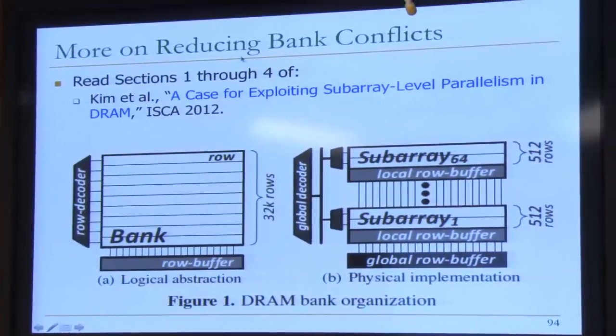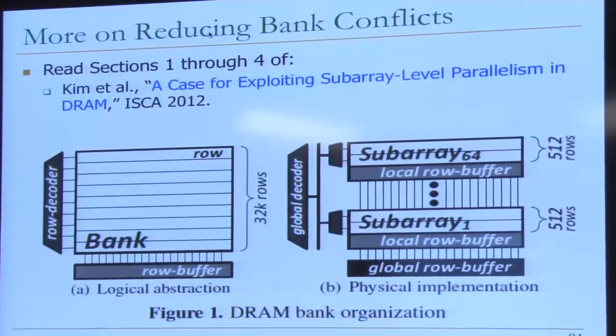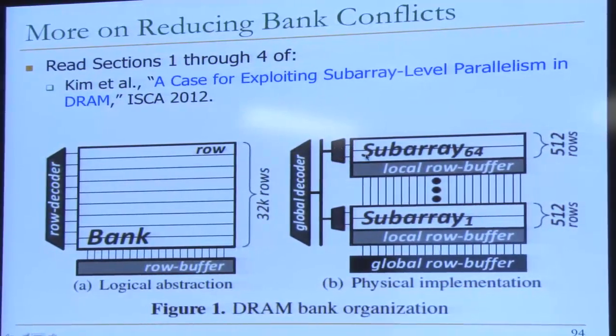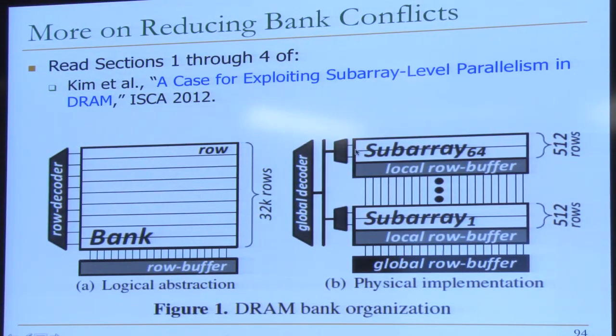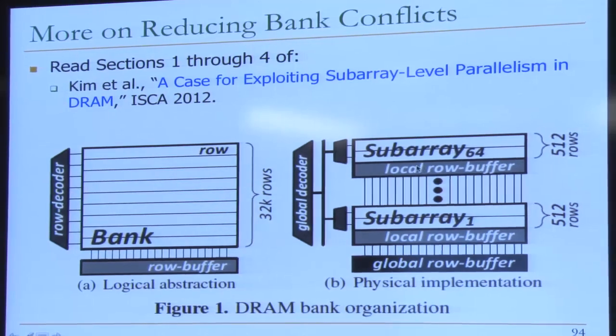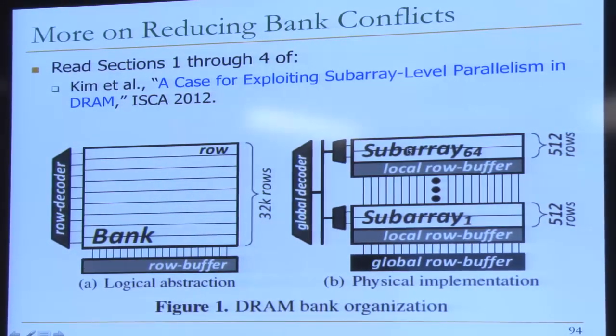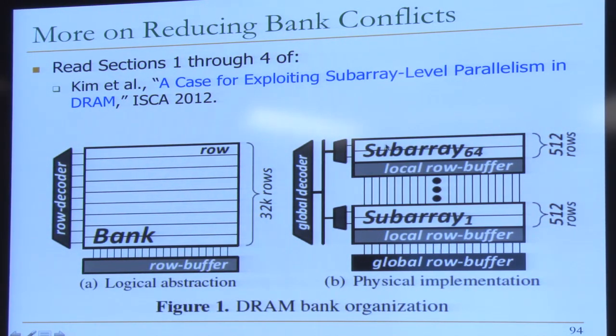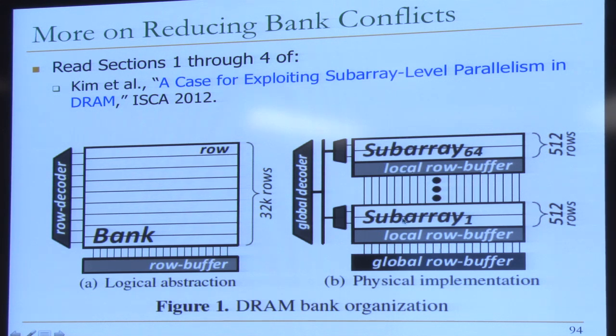But if you actually want to reduce the bank conflicts even more, what you can do is you can make these subarrays a little bit more independent. Basically, you can pipeline access to these subarrays to take advantage of the fact that you have many subarrays. And then you can reduce the bank conflicts because you can actually parallelize one access that goes to this subarray with another access that goes to this subarray.